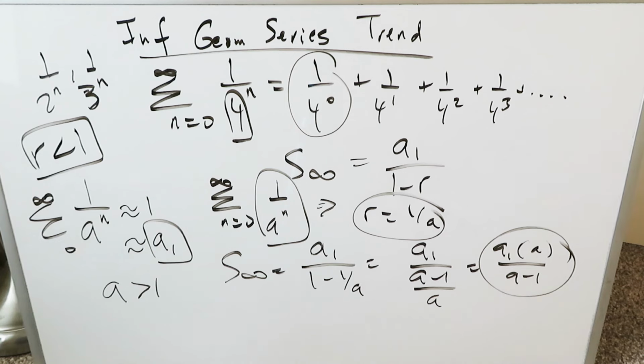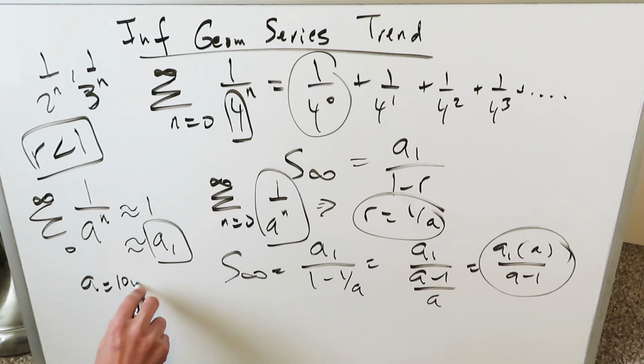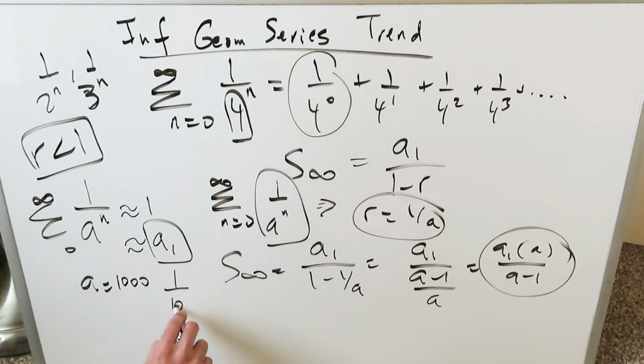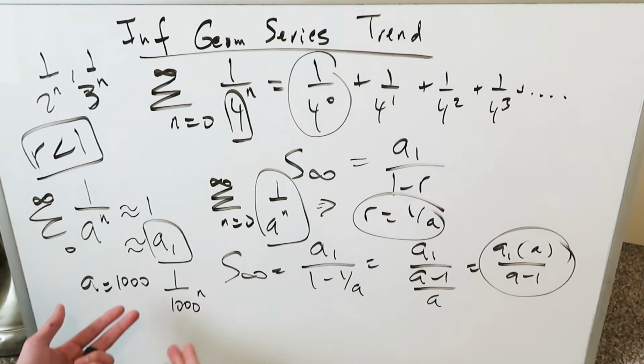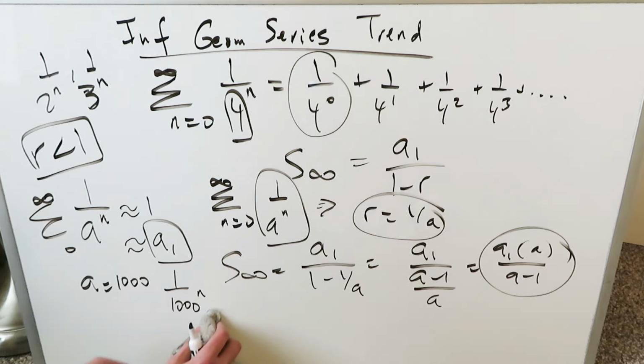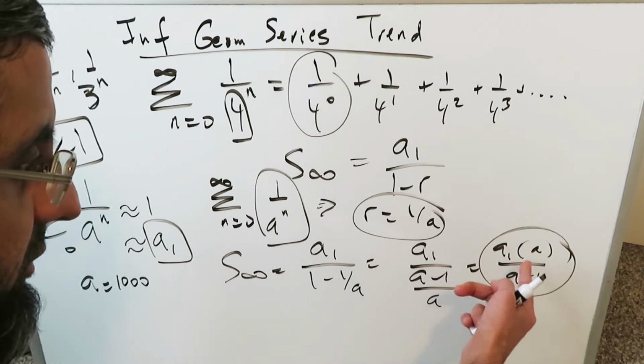And now think about it. Put a specific value here in terms of a very large value, and see exactly what you get. If I'm looking at a rule which looks like this, and I'm picking a value here of 1000, in essence I'm saying I'm looking at a rule 1 over 1000 to the power of n. It'll be an infinite geometric series when you expand it out, but this is what I have. Now if I were to look at something like this, what will my sum of this series be? I have the formula right here.